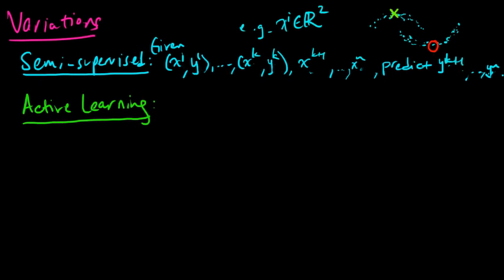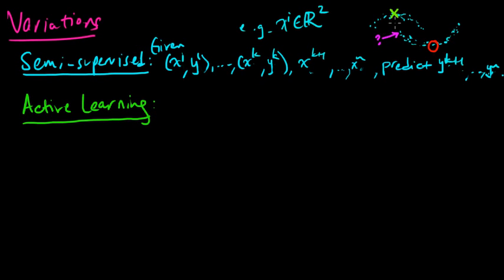So maybe if you want to verify this point here, it's closer to the x, and you would like to know what the value of this particular point is. So you can ask in active learning, tell me the value of that point.